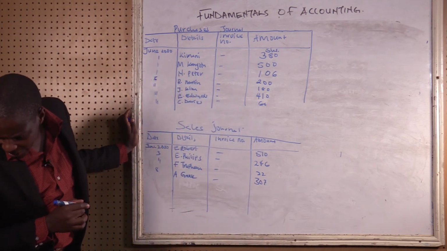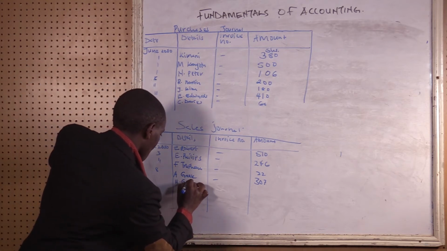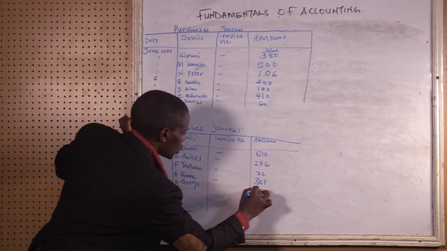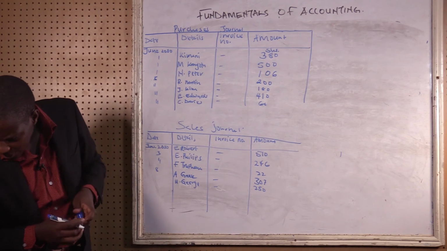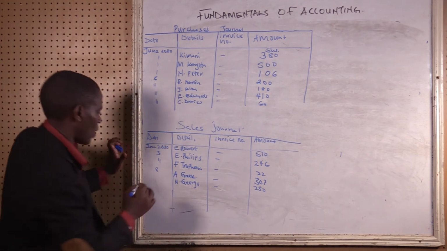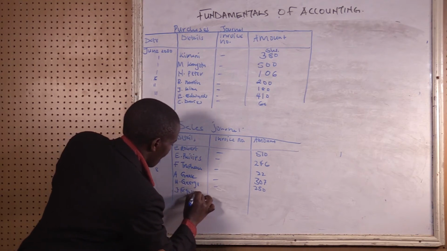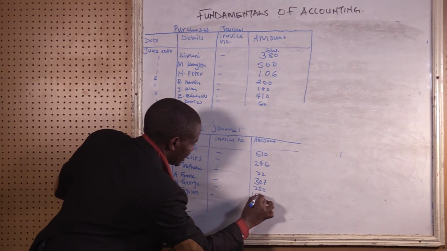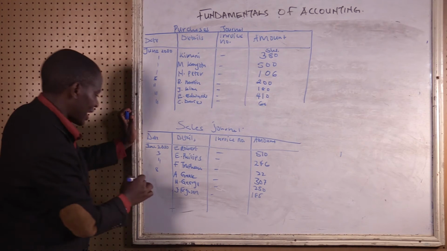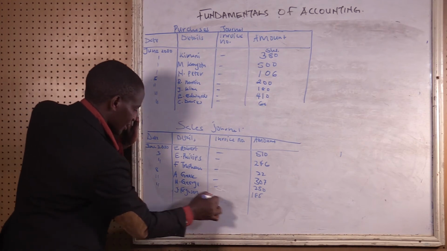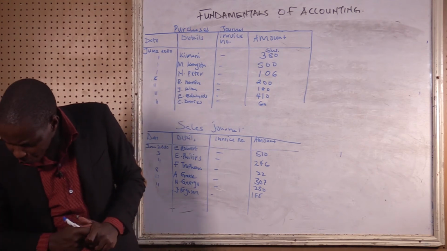The other one is H. George, 250 shillings. The other one is J. Ferguson, 185 shillings. So that is still on 8th. That is it.